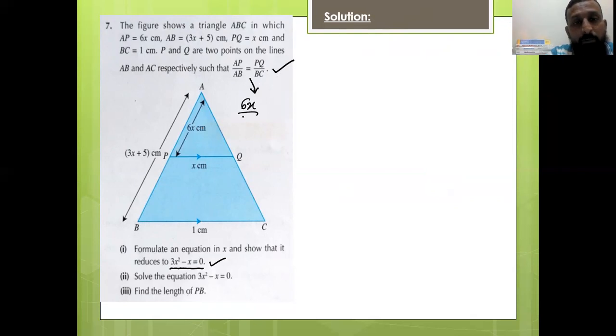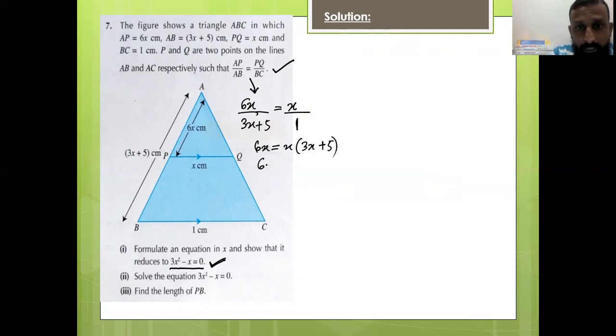AB is 3x plus 5, equals, what is PQ? PQ is x, and what is BC? BC is 1. What are they asking us, dear student? They are asking us to formulate this equation, which is given to you in part 1. So what we need to do, we can cross multiply the two denominators on either side. 6x multiplied by 1 is 6x, x multiplied by 3x plus 5.